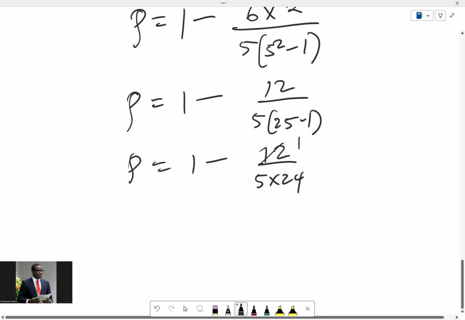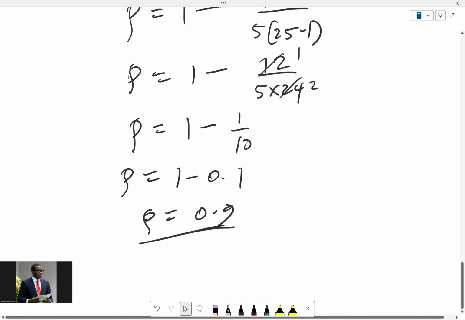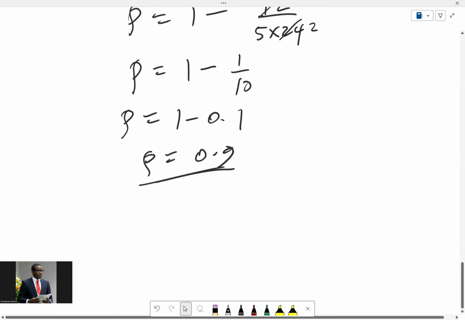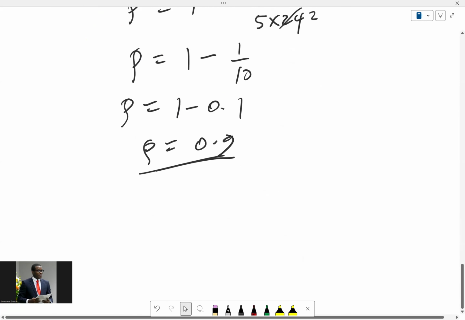So 12 here is 1, 12 here is 2. So 1 minus 1 over 10, so rho equals 1 minus 0.1, and rho is 0.9. That's a strong positive correlation. So let's interpret that in context.